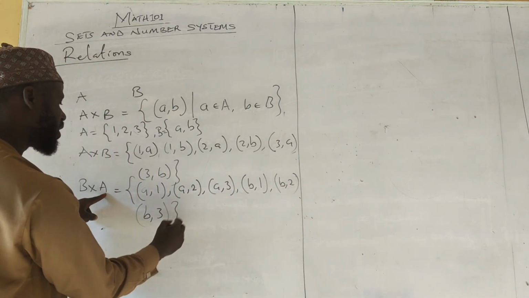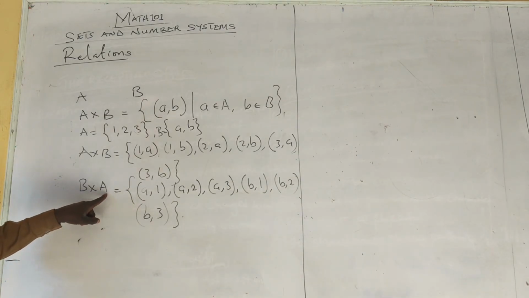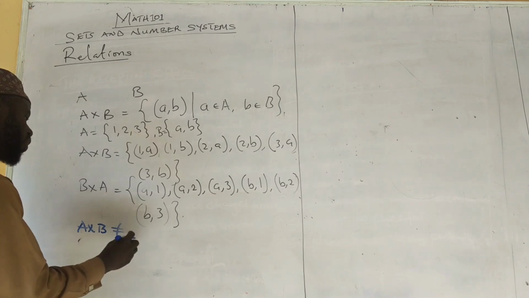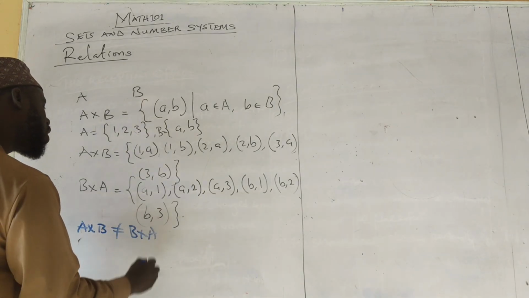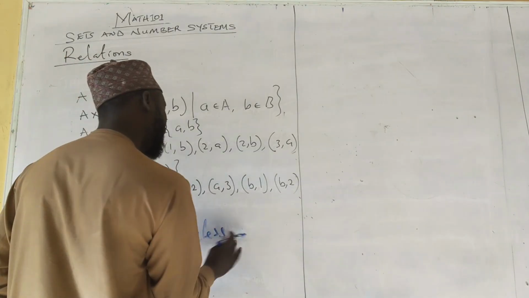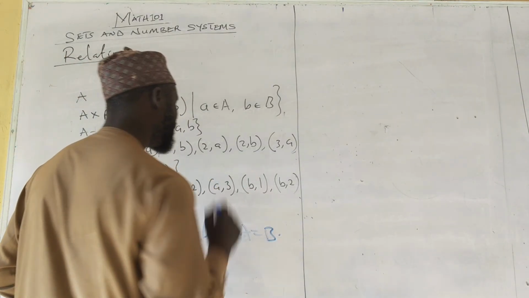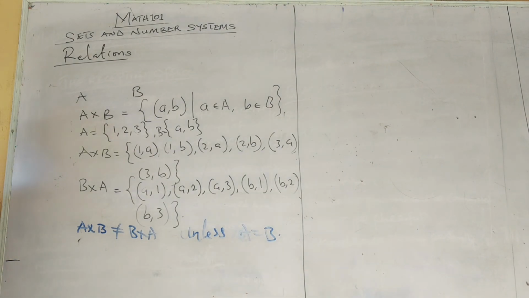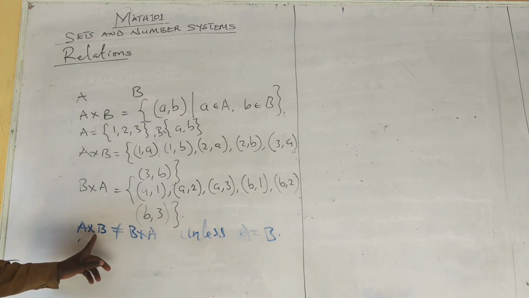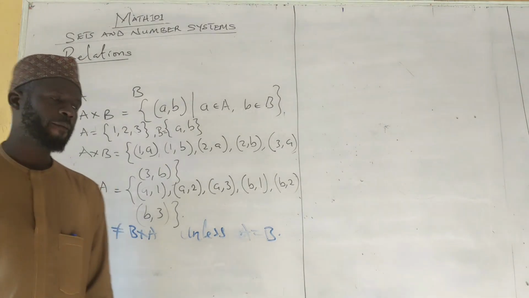It is clear that A cross B is not equal to B cross A, unless the set A is the same as the set B. If you have A cross A, then it commutes. But if you have two distinct sets A and B, then A cross B is not equal to B cross A.